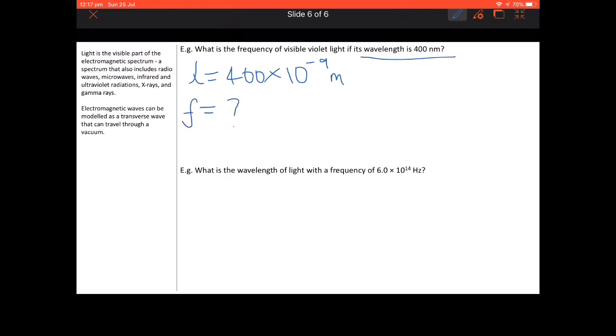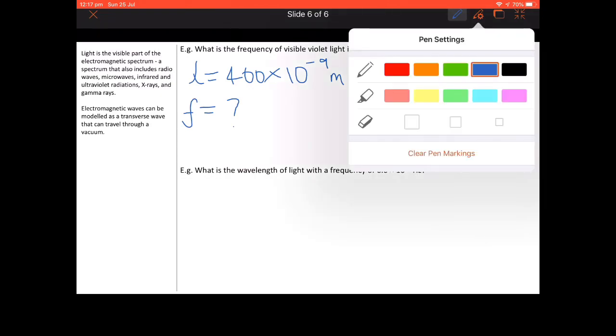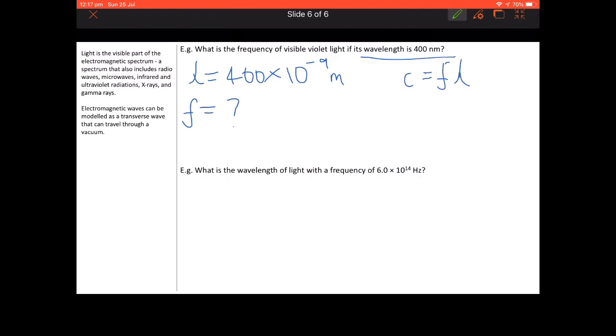We use our wave formula, which is c equals frequency multiplied by wavelength, and we'll rearrange to get frequency as our subject, which will be the speed of light divided by the wavelength.